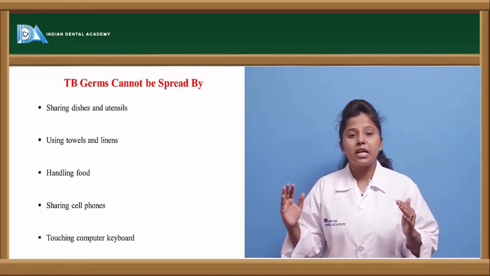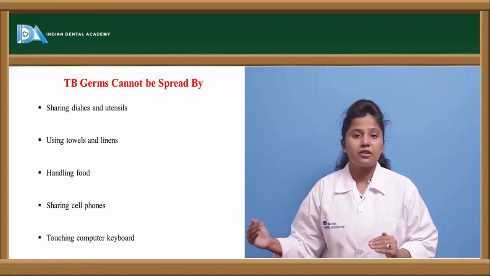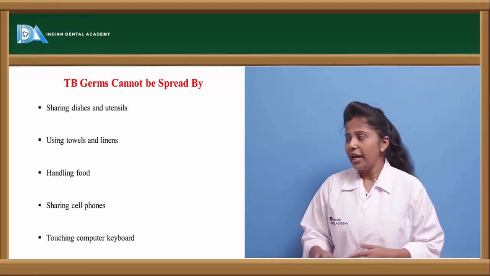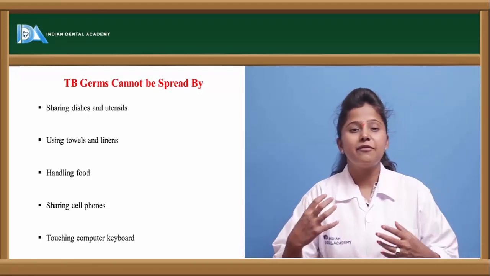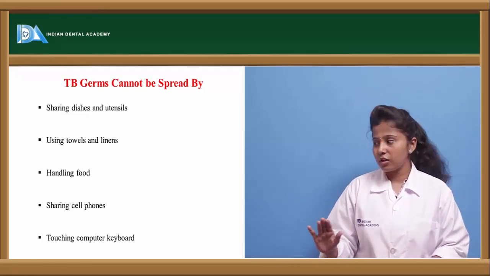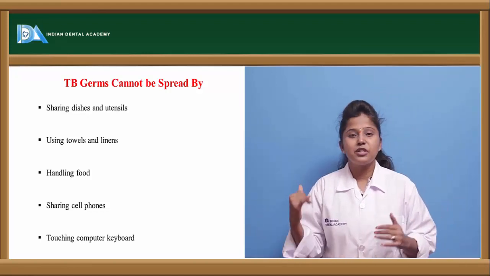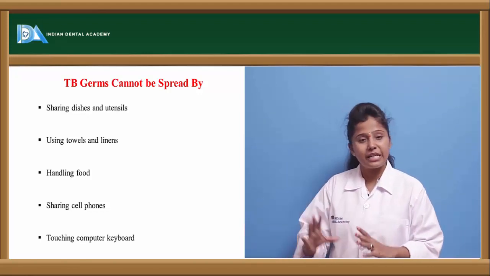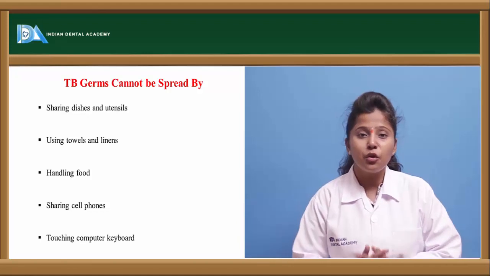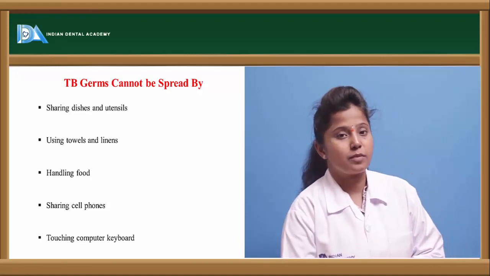If we use any clothing of the infected person, tuberculosis is not spread. If we handle food or serve food to that person, it is not spread. If we share things used by the infected person, it is also not spread. The only mode of transmission is through air droplets or sneezing droplets.